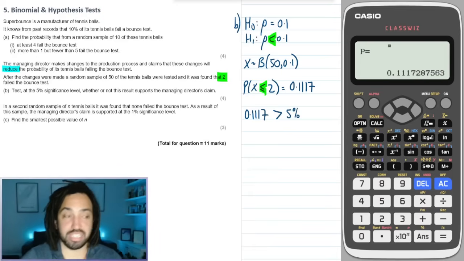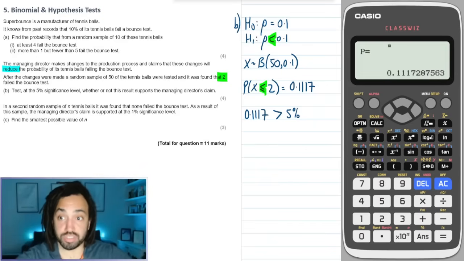Okay, and that means that it is likely to happen using the old probability, like we did. We used the old probability of 0.1. So this occurrence was likely to happen with the old probability. So there's no reason to suggest that something has changed because it's likely to happen.